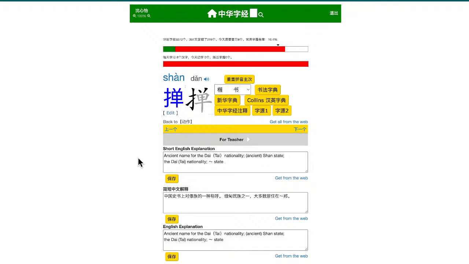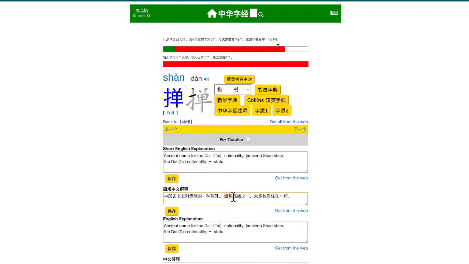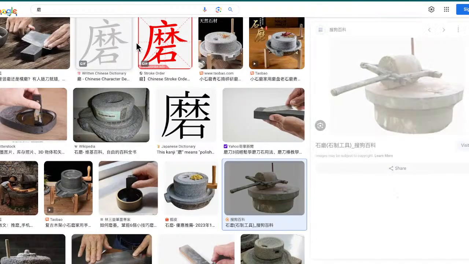This group has a large population actually living in Miandian, which is Burma. Let me make sure.